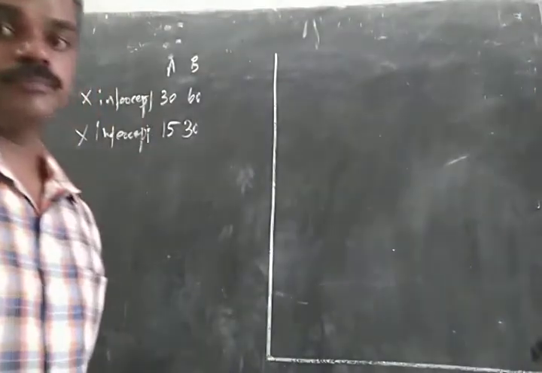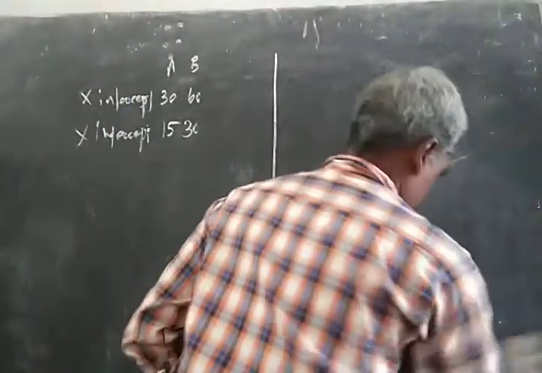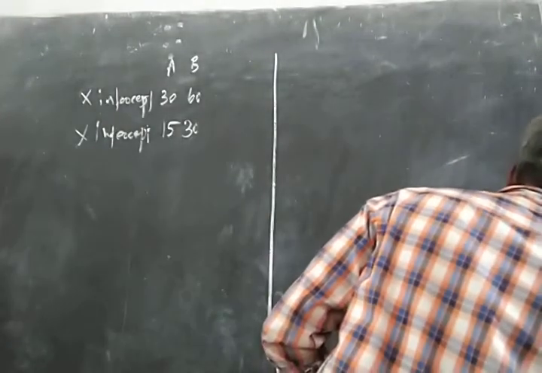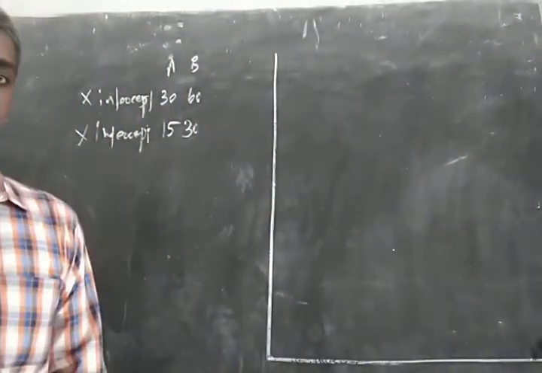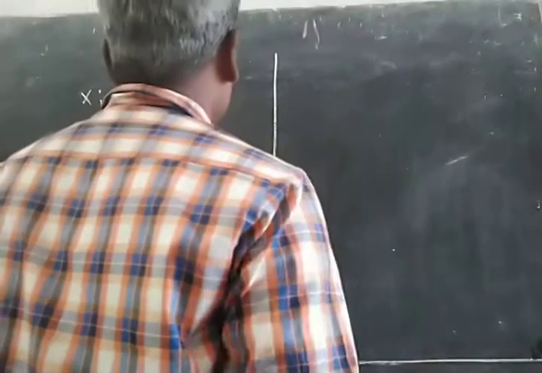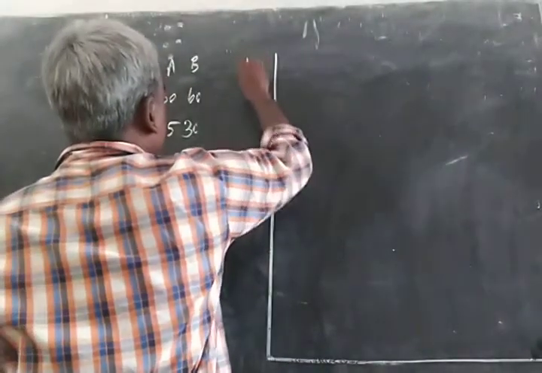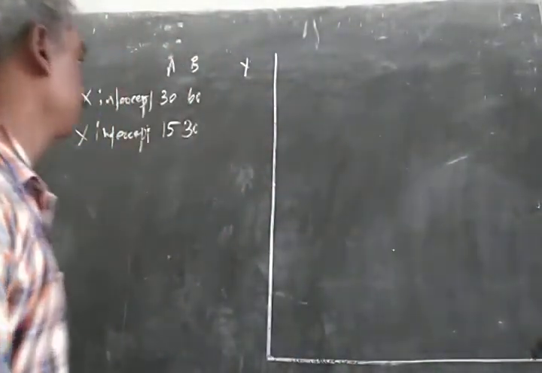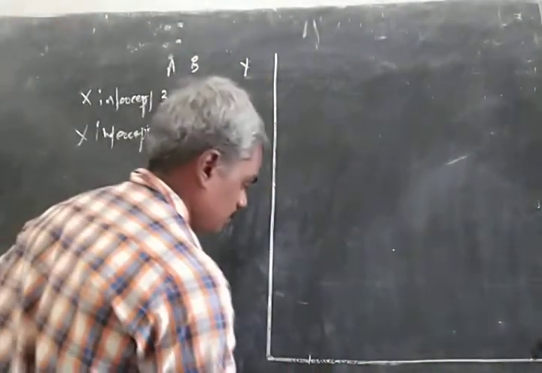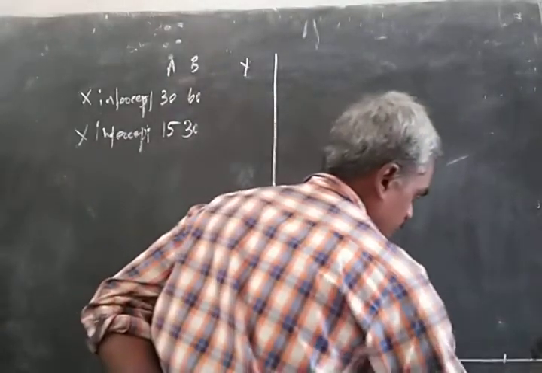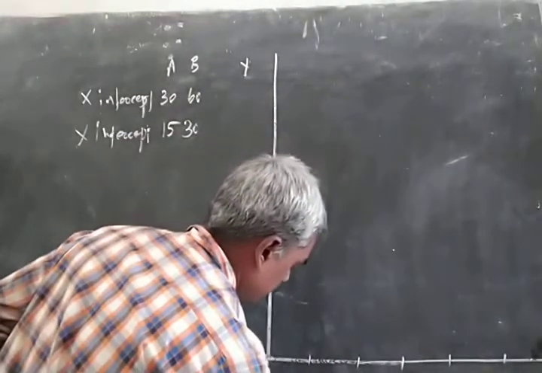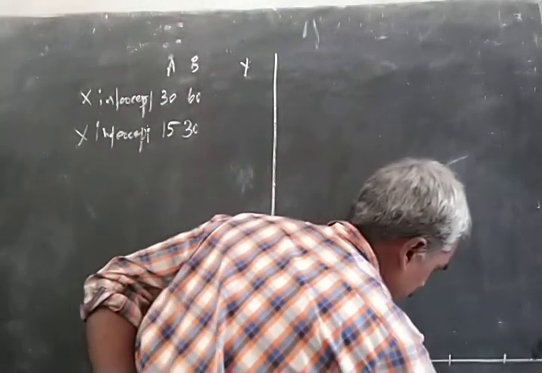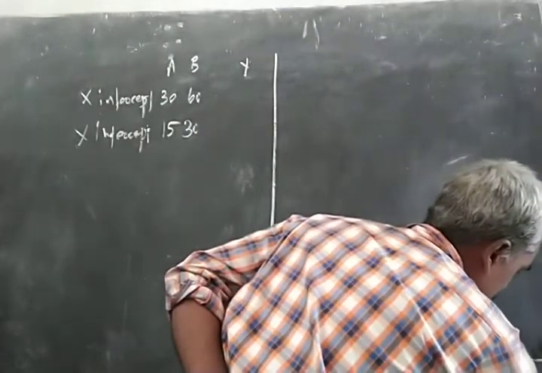This is the diagram. Here you have quantities of commodity Y, and here we have quantities of commodity X. On the x-axis we have 10, 20, 30, 40, 50, and 60.